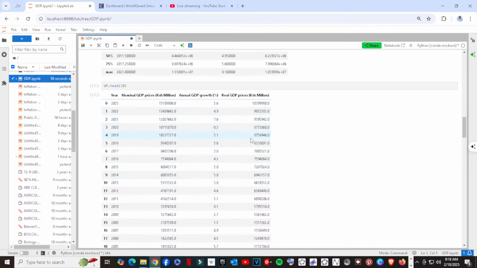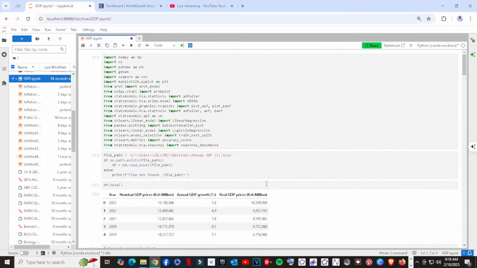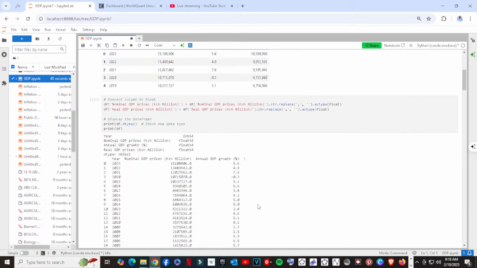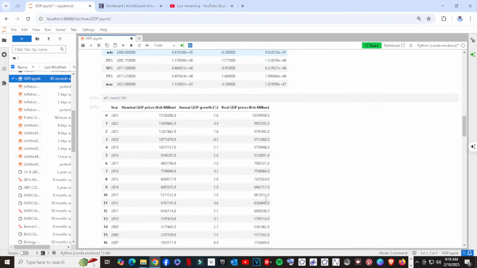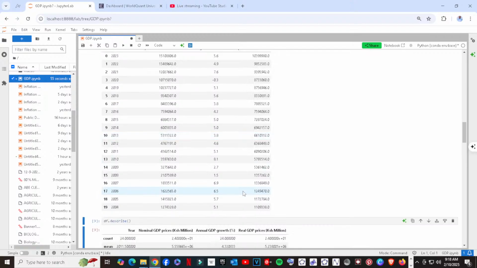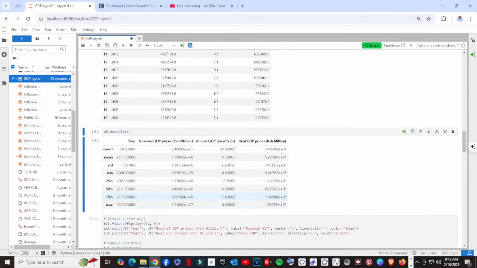So you don't see the string like this one, which was 10,399. Now it is just the number as it is. So that is what the code has achieved.